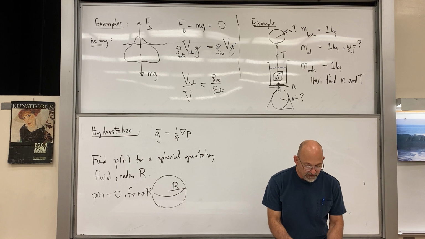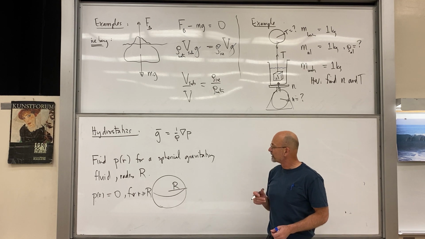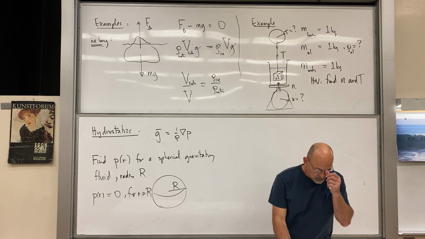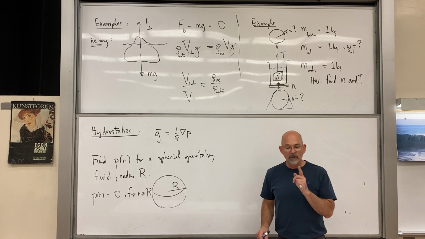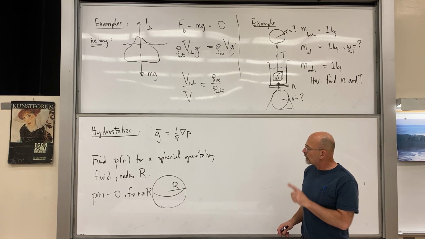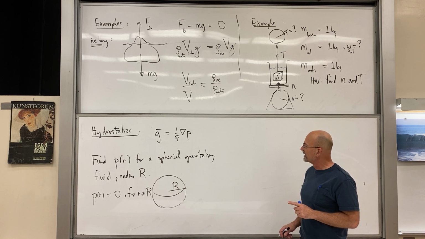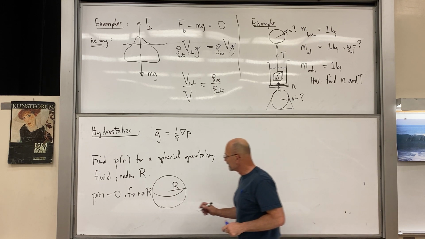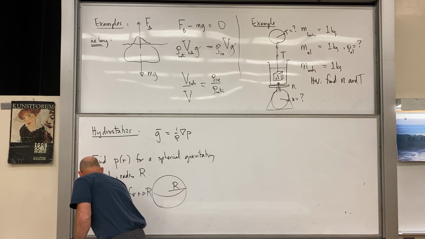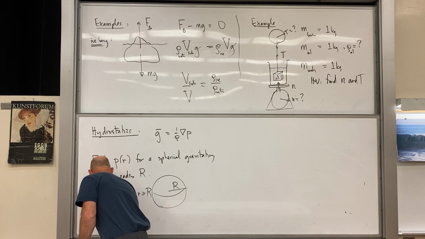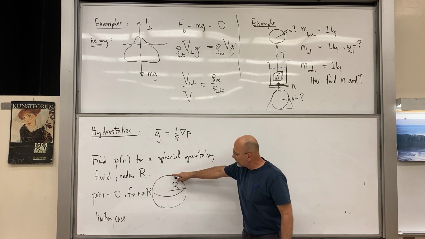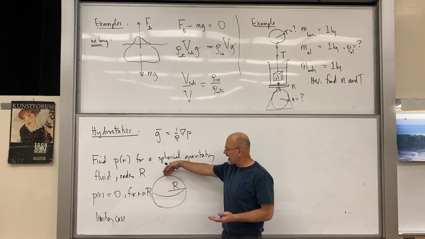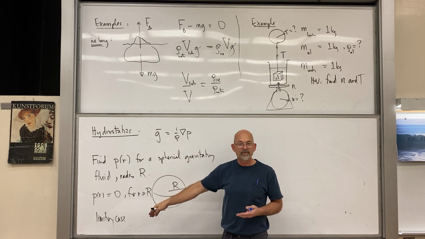Okay, let's see how we're going to set this up. This is an interesting problem. And here's another interesting thing. We're going to know a limiting case, because the limiting case will be, say you're right at the surface of this thing, it's just as though you had your normal pressure depth formula.